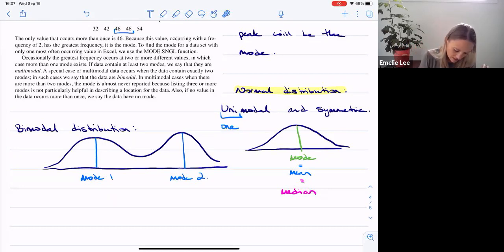In multimodal cases, when there are more than two modes, the mode is almost never reported. It's also possible to have no mode. In that data set that I made up, there were no repeating values, and that's okay. So then we say that there's no mode.